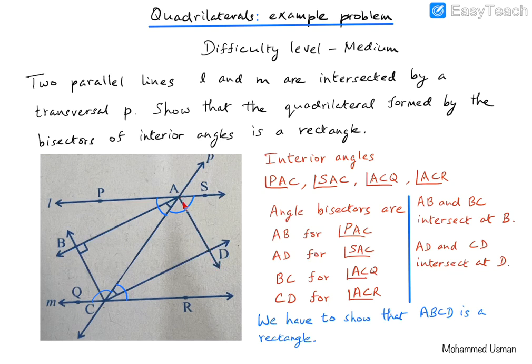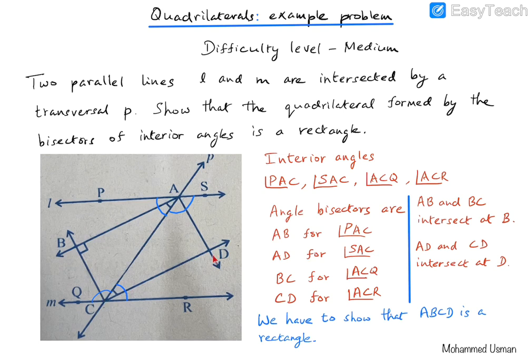So this line AD is bisecting the interior angle SAC. The interior angle ACQ is bisected by the line BC. So this line over here is bisecting the interior angle ACQ. And the line CD is the bisector for the interior angle ACR.